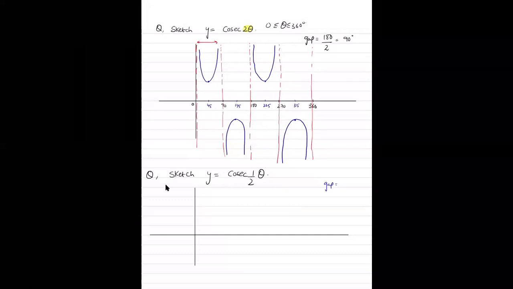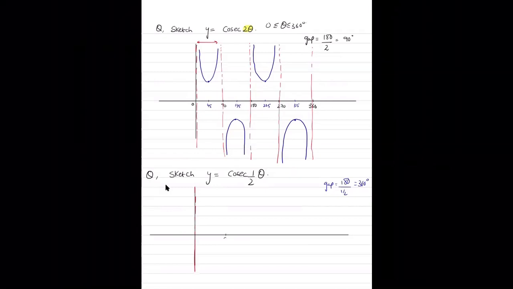The next asymptote was at 180 degree. When we did cosec 2 theta, the asymptotes shrank, because we divided the distance between the asymptotes by the coefficient of the angle, 2, and we had the new gap. Now we are going to divide 180 by half and we are going to get 360 degree. That means that the difference in the asymptotes is going to be 360. So the first asymptote is always at 0.